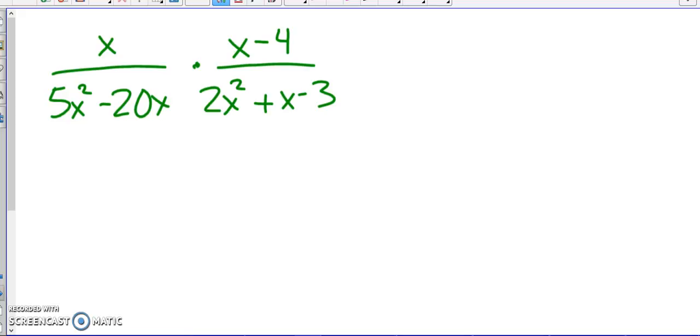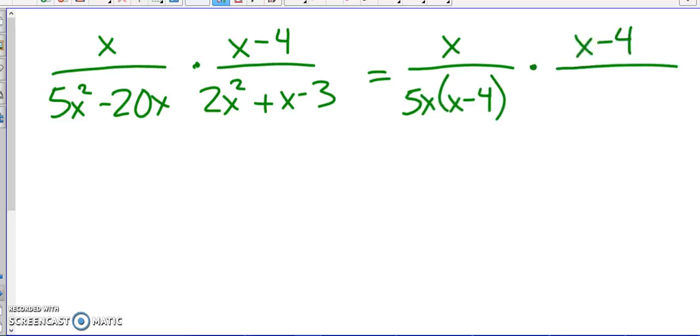So what I'm going to do is make sure everything's factored out first. So I've got x, and then notice that I can take a 5x out of this bottom part. That'll be x minus 4 times, and then I've got an x minus 4 here, and then I need to factor this. You can use your box here.